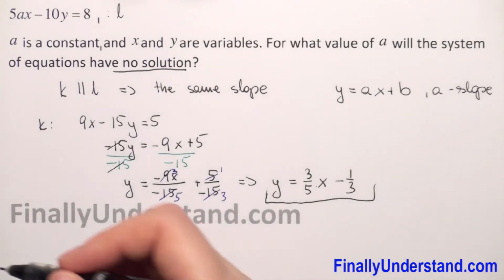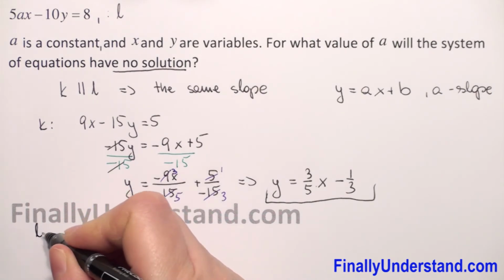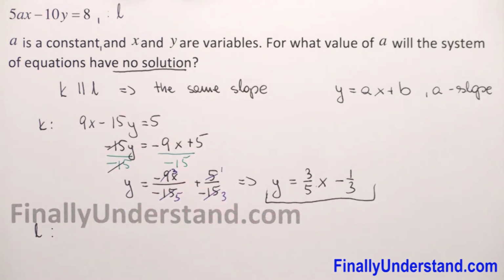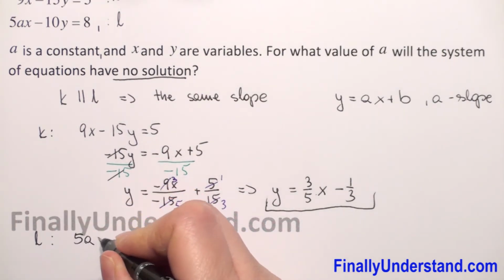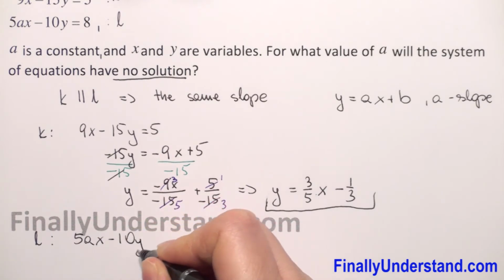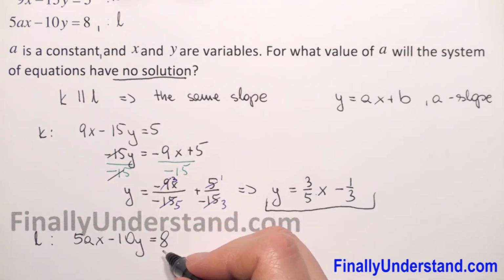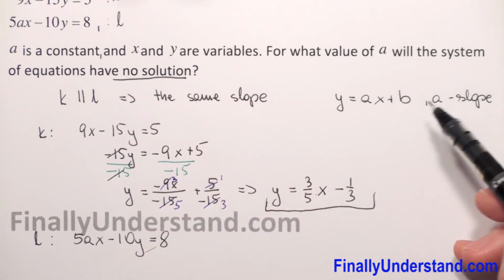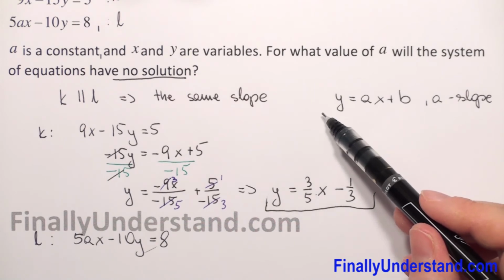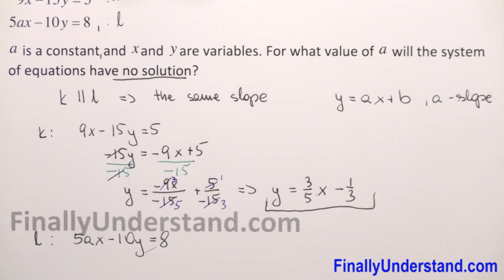Now we have to take the second line. I just put that this is L, our line L. Let me copy. We have 5ax minus 10y equals 8. Again, we have to rewrite this in the general form. We have to have y on the left side only and the rest on the other side.